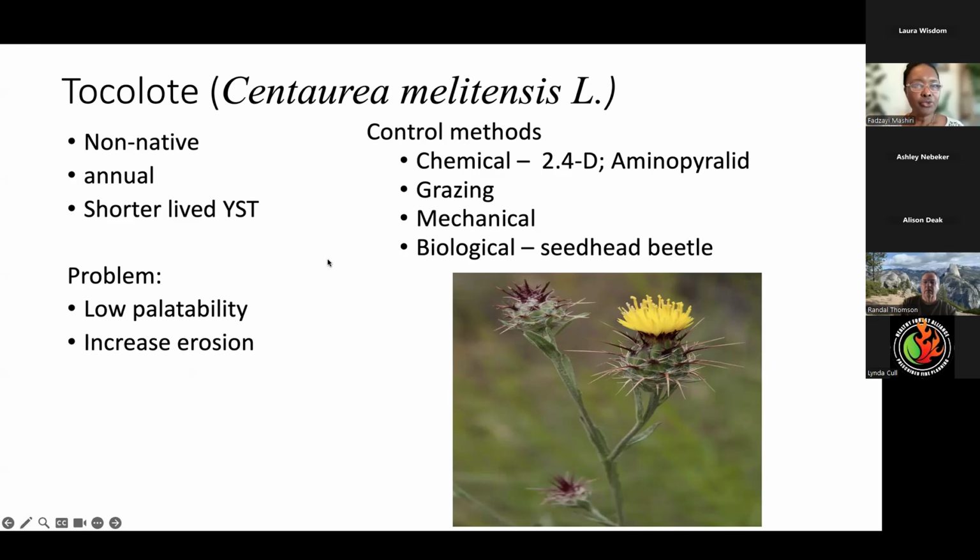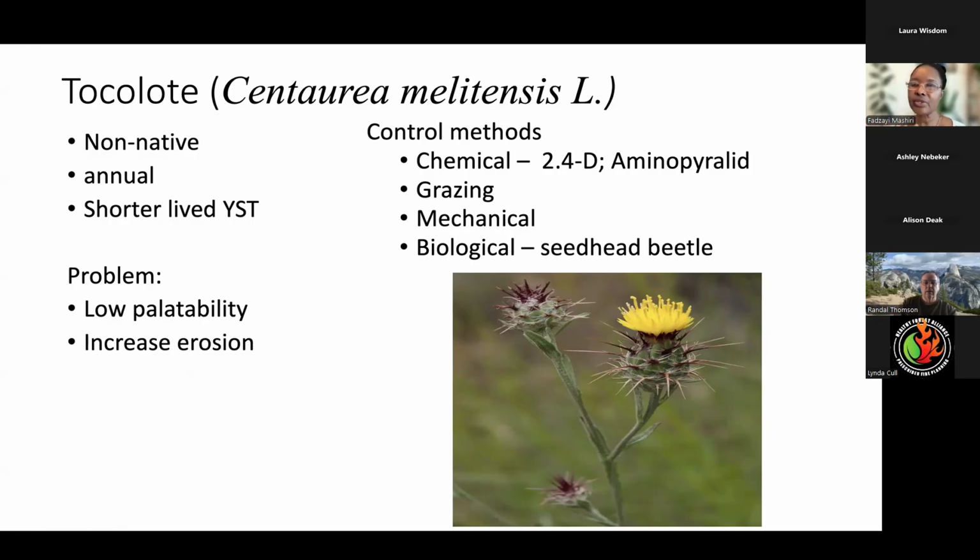So moving forward, one of the other weed species that exist in our area here is Tokolodi. It's a non-native broadleaf plant. This is the seed head, how it looks after it has flowered. It's an annual, shorter lived than a yellow star thistle.